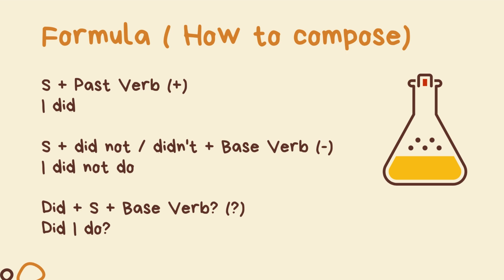When it comes to past verb, base verb, and the other forms of verb, I think it is very essential to study verb forms. Most students confuse base verb and verb 1. Let's identify.